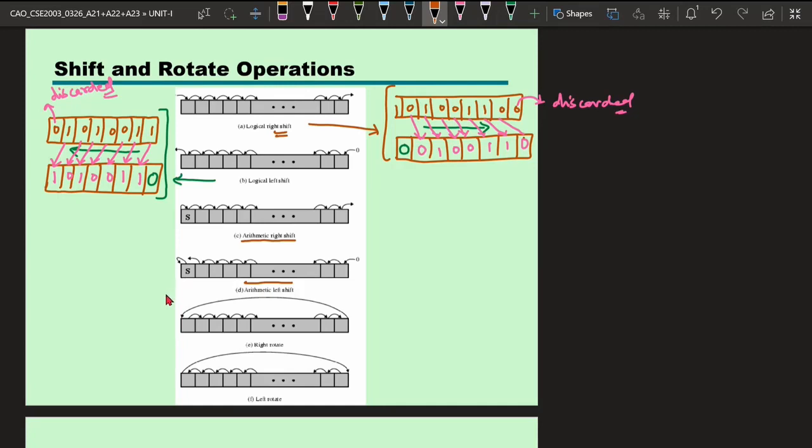In case of the flag or status register content, we have seen different types of flags, like carry flag, sign flag, or zero flag, in the previous classes. Similar to that, in arithmetic shift, along with shifting the bits of the register, we will be shifting the content of the sign bit also.